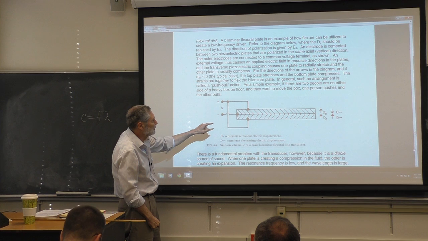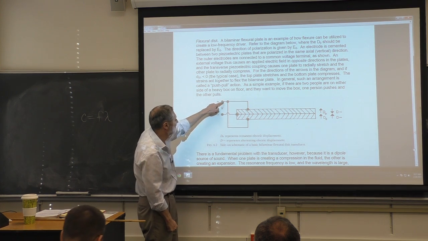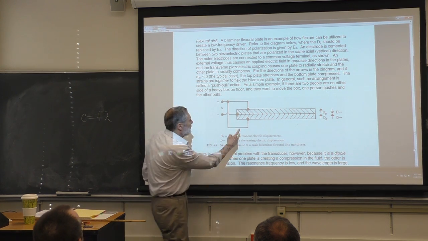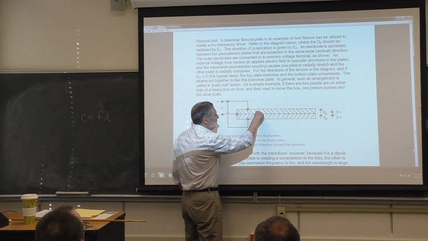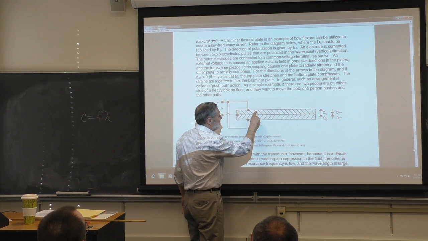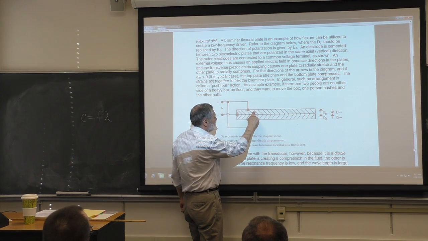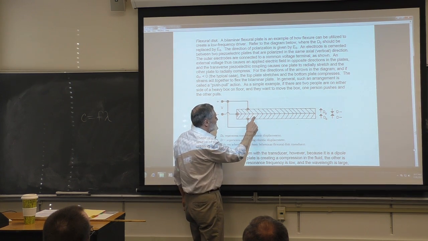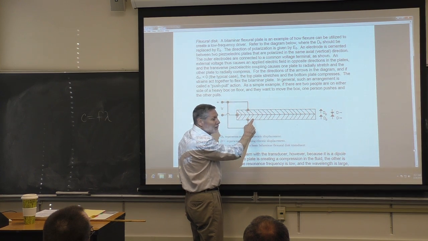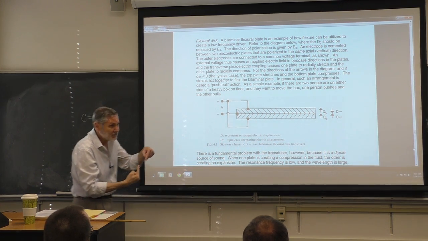And you can see what's going to happen here. Suppose there's a positive voltage here. That means the electric field is pointing down here, right? This is positive, so the electric field is pointing down. Where's it pointing here? Up. Thank you. It's pointing up. Okay, they're opposite directions.